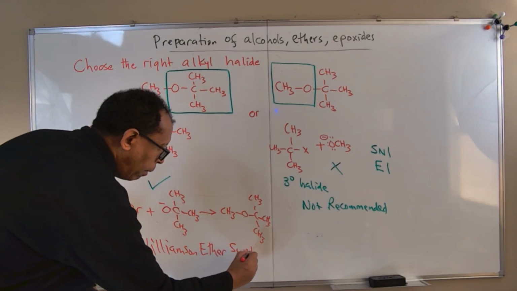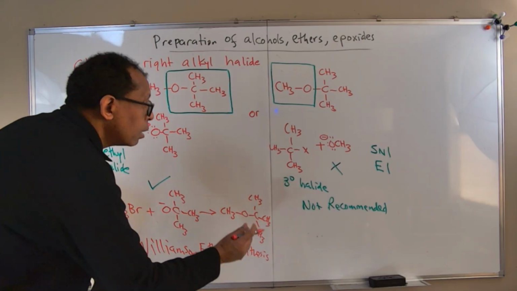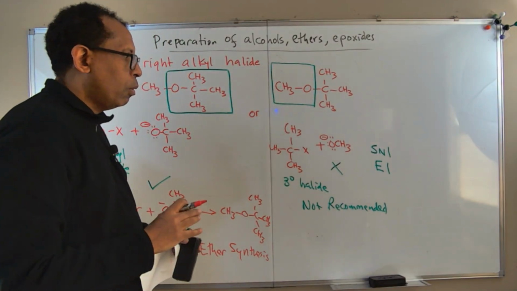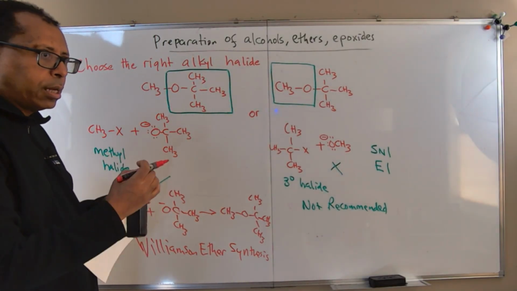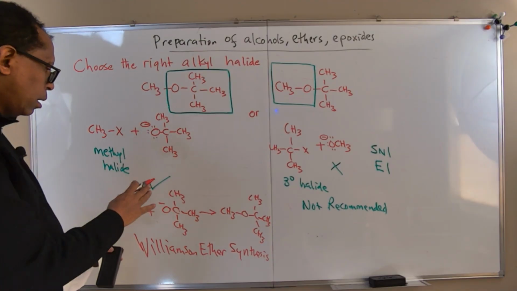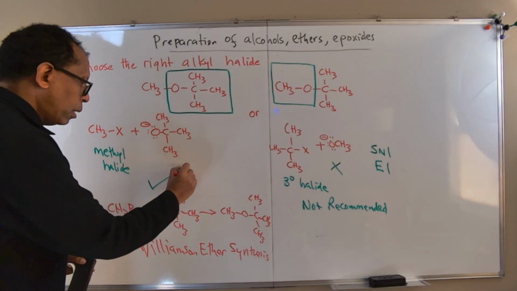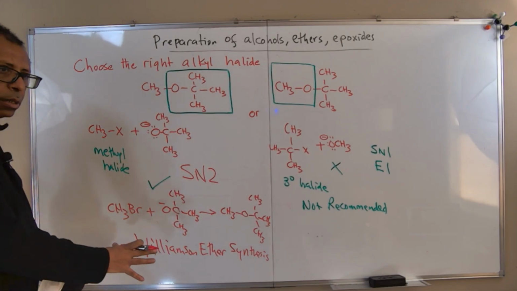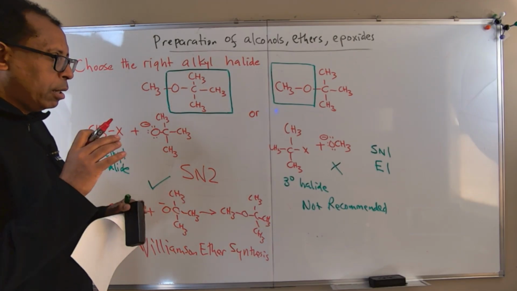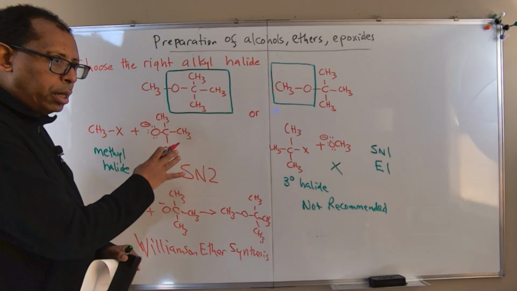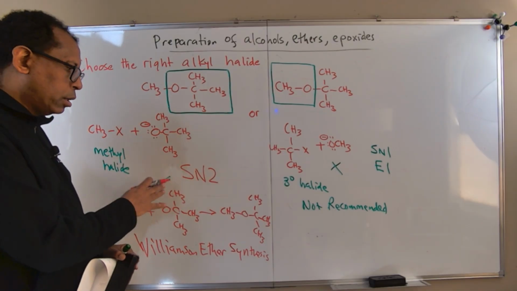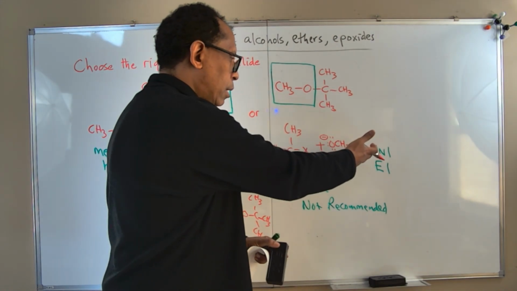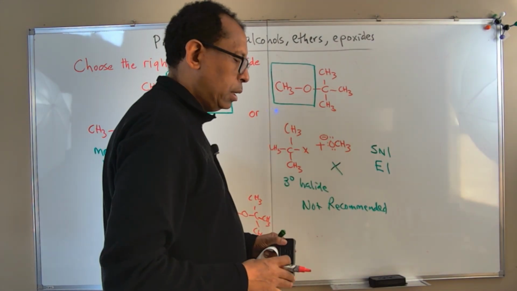These are the combinations. You see, the ether is the same, but you are faced with choosing which combination you want to make so that you can react. This is a clean SN2 reaction. So Williamson ether synthesis is good when you have good SN2 reaction counterparts. But here you have SN1, E1 possibilities as well.